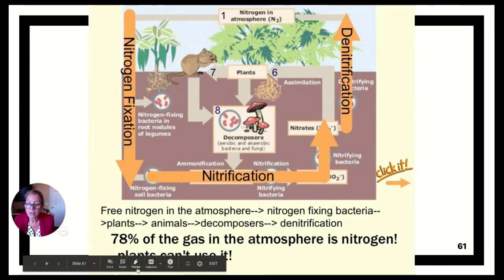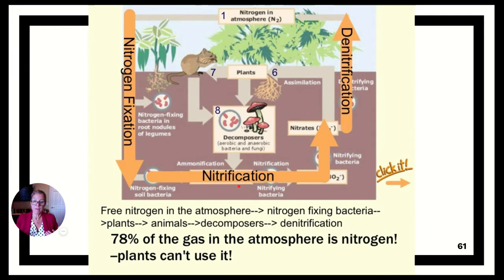Oh, let me get a pointer, sorry. So then that gets into plants, and then animals can eat those plants. The plants and the animals die, decomposers get it back into ammonia. And then it can go through nitrification again, back into plants, into animals, decomposers work on them, back to ammonia, and then back into nitrite, nitrate.